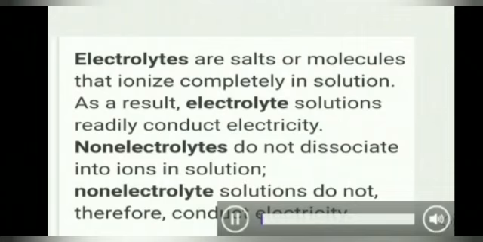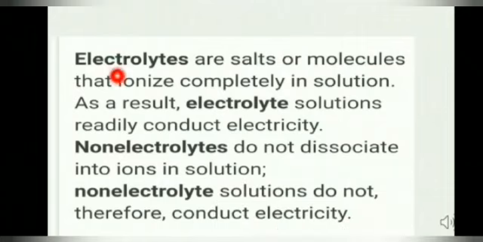Now we know that electrolytes are the salts that can ionize completely in solution and they readily conduct electricity. And non-electrolytes are those that do not dissociate into ions and they do not conduct electricity.